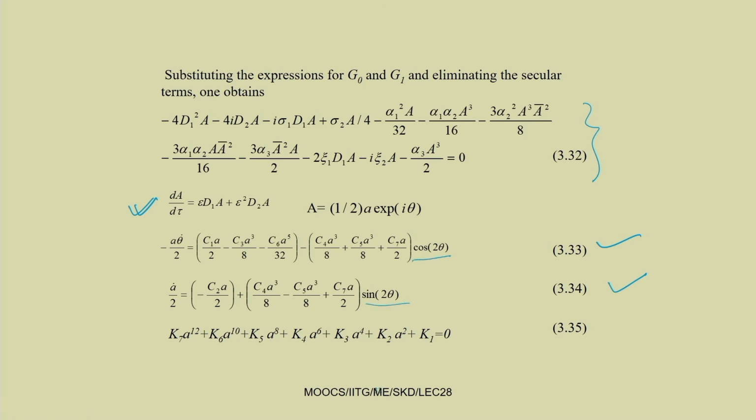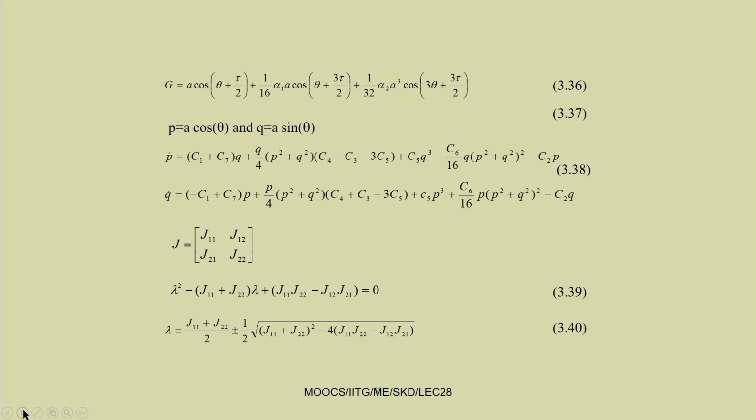We can simplify this equation, and you can observe that we have a to the power 12. By taking a square equal to x, it can be reduced to a sixth order equation, which you can solve numerically to find the solution.